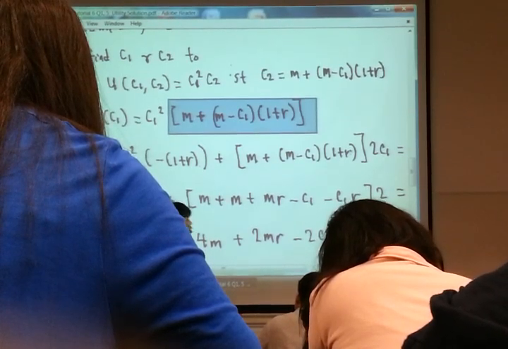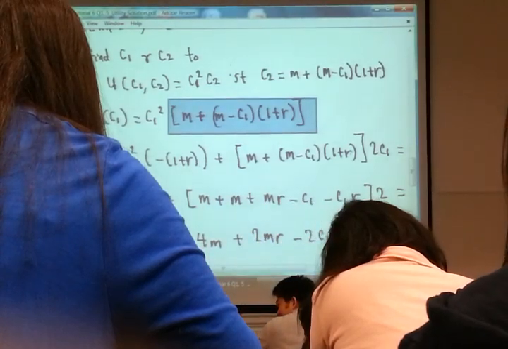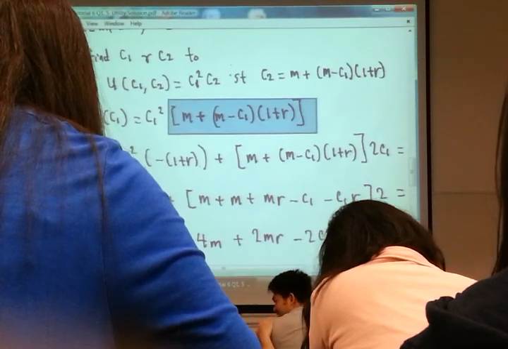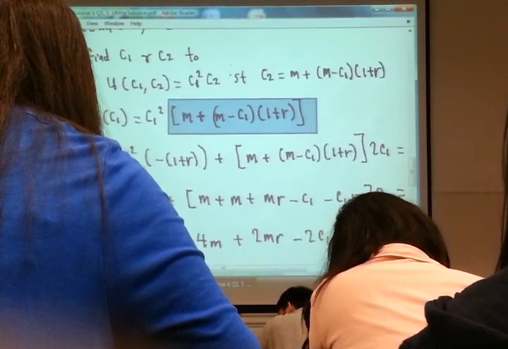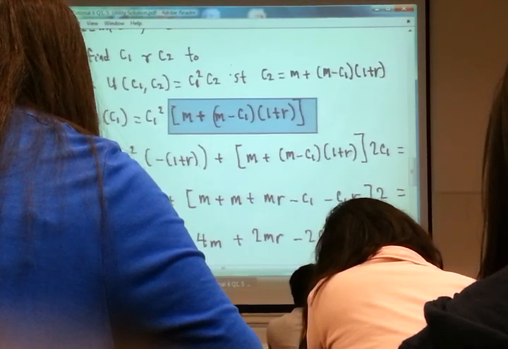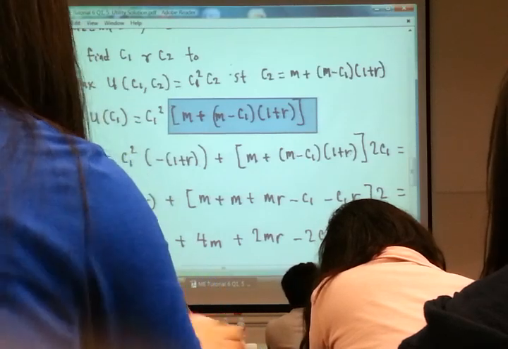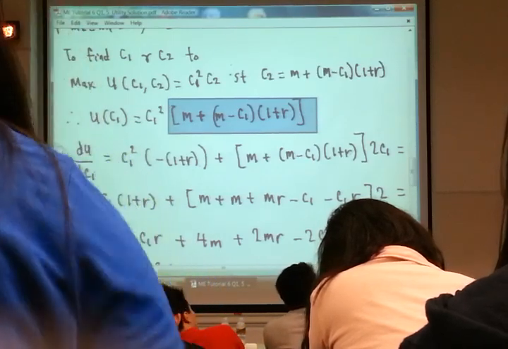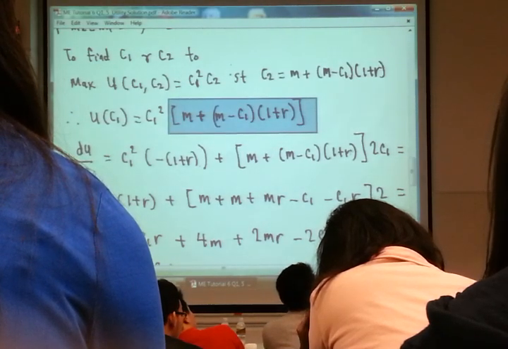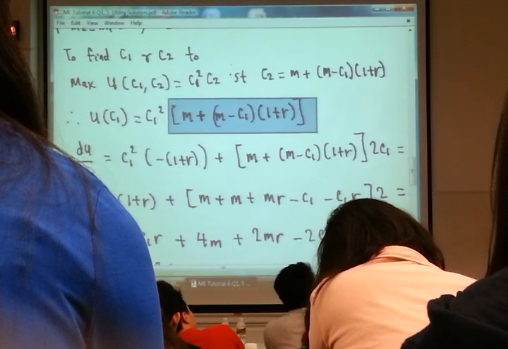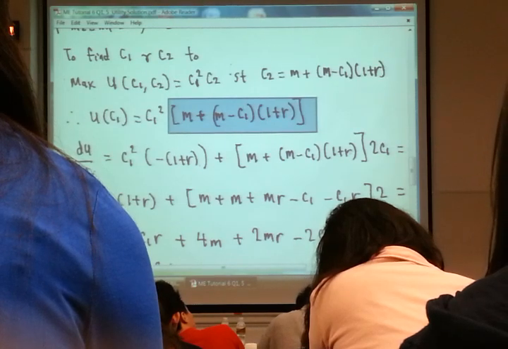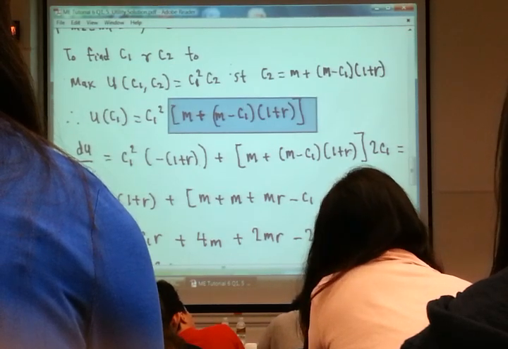Alright. Now, if you want to maximize utility, if you are deciding on how much C1 to consume, to maximize this part, very simple, then you just d over dC1. Finish. Okay? So d over dC1. And so use the product rule because there's a C1 here and a C1 here, right? So hold the first term constant, differentiate this with respect to C1, you get this.